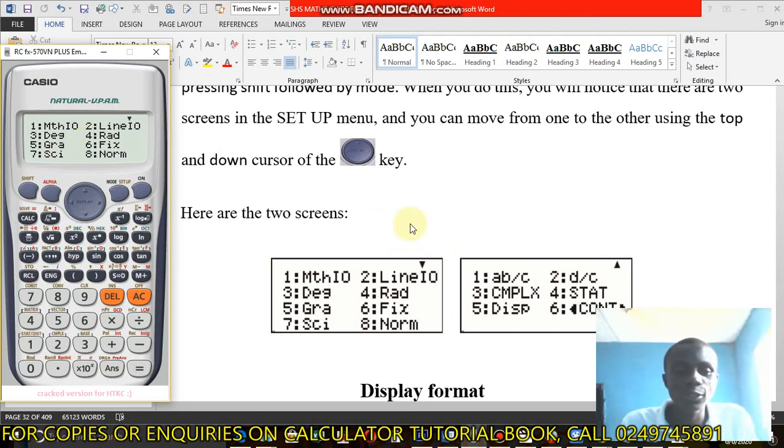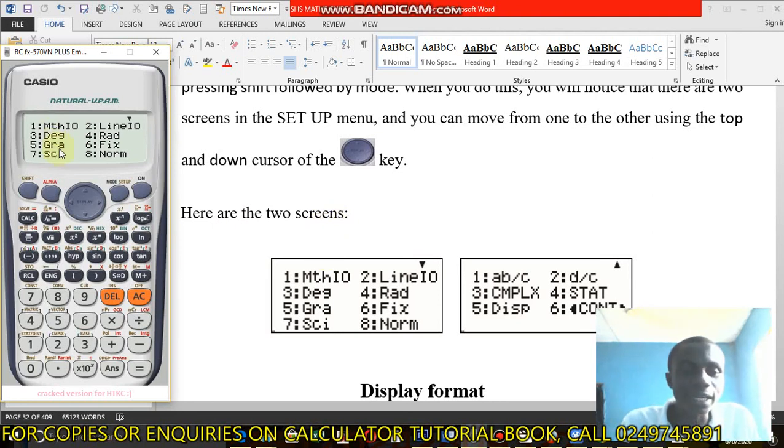With that, you find difficulties in entering fractions exactly as you see on the question paper. But if you want to enter fractions exactly as you see on the WAEC question paper, then your calculator should be in Math IO, the default mode of the calculator.